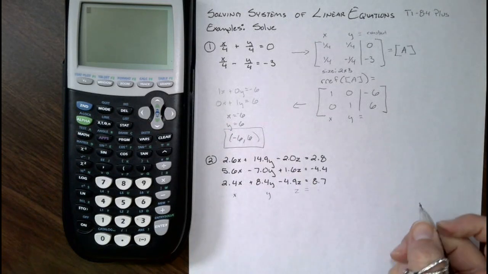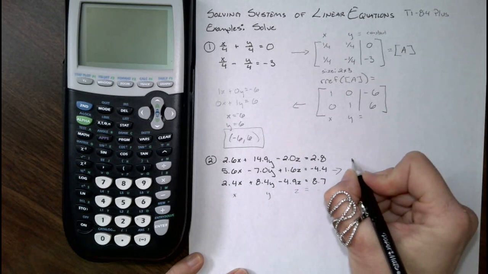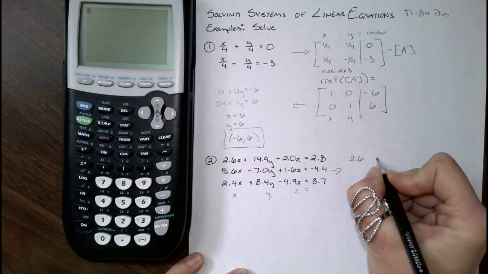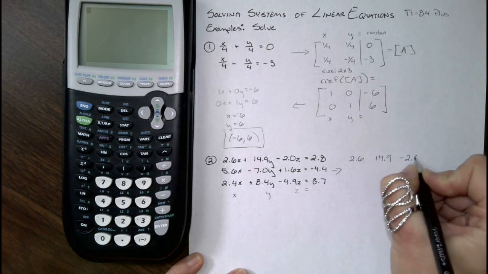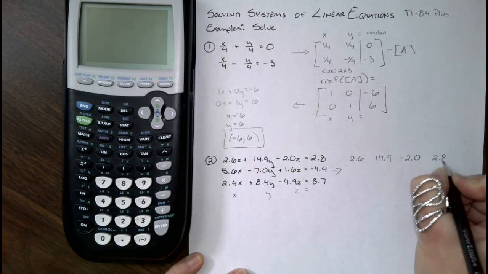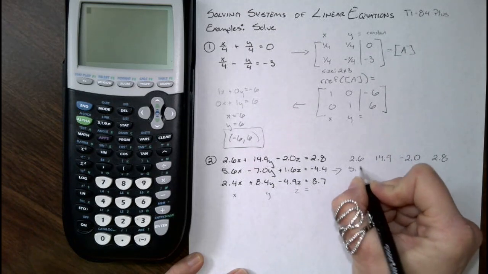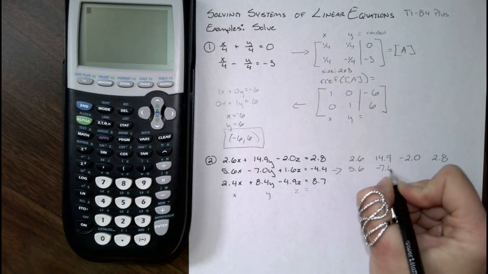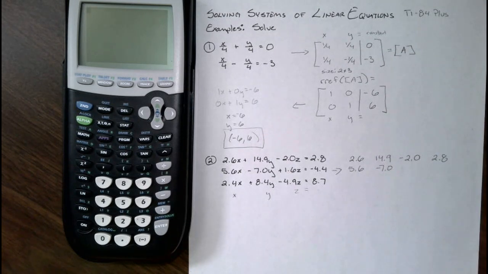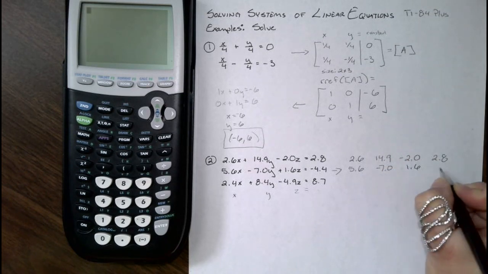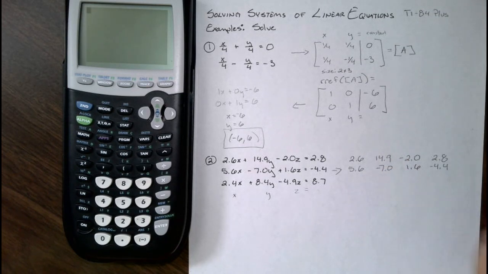That's all good. So I can write that as my matrix: 2.6 for the x, 14.9, negative 2.0, and 2.8. That's the first row. The second row is 5.6, negative 7.0, 1.6, and negative 4.4.